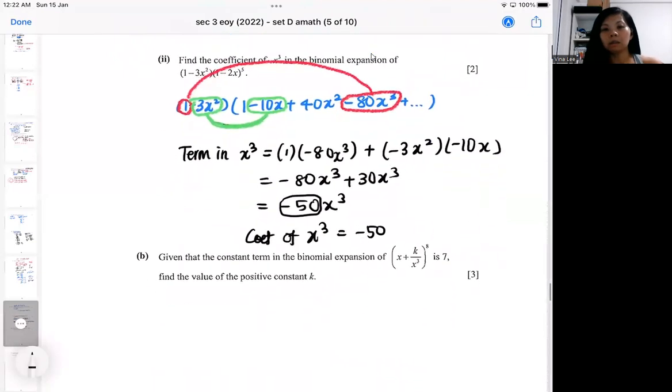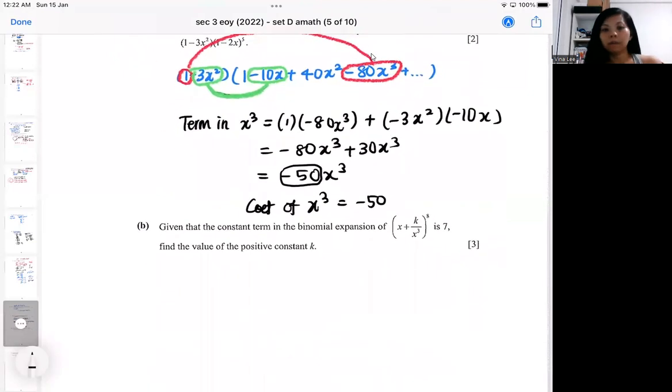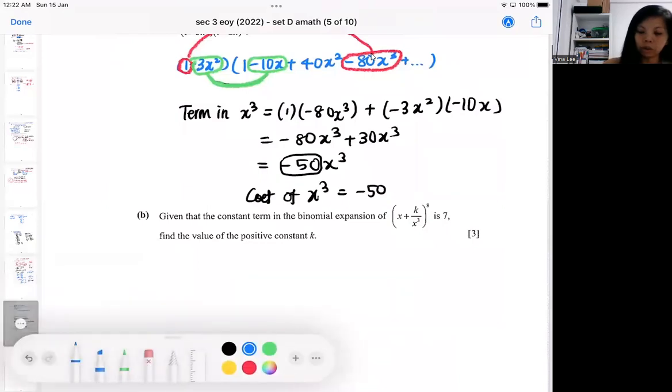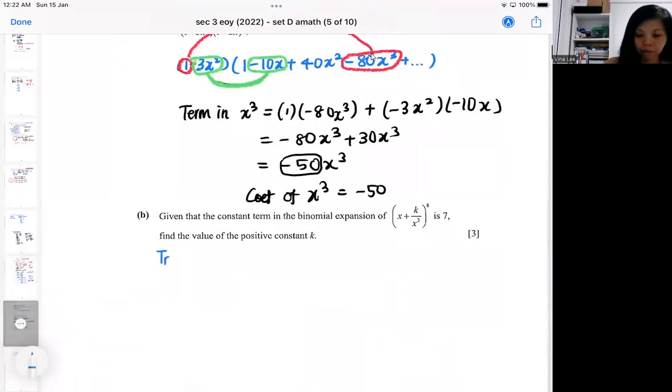Okay, part B is the general formula. It is a general formula and it is a constant term. So if we are targeting a specific term, we will use a general formula. So the general formula looks like this.